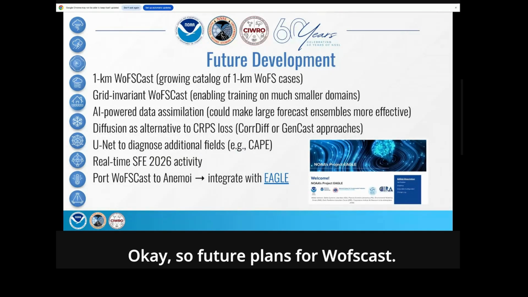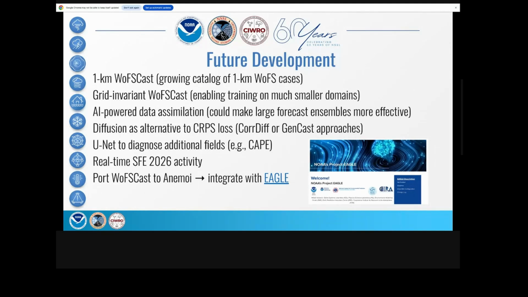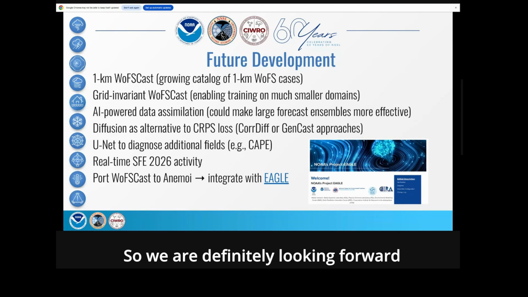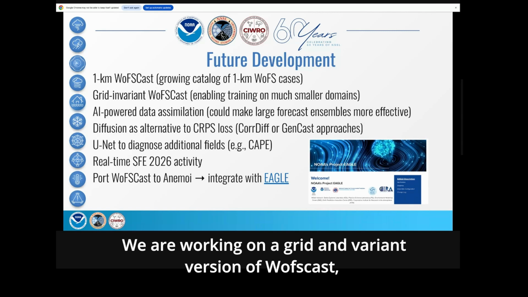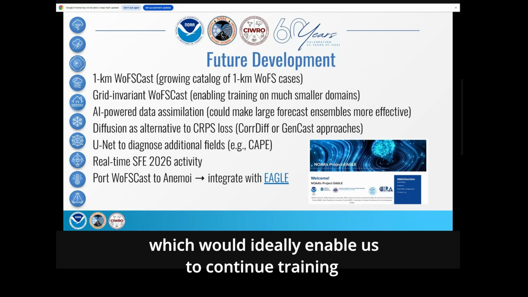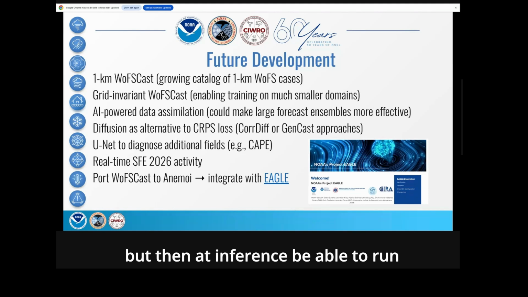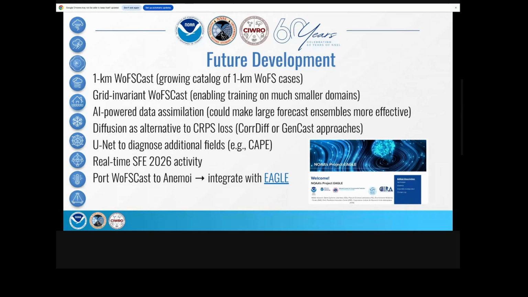Okay, so future plans for WoFSCast. We have a growing catalog of 1 kilometer WoFS cases, so we are definitely looking forward to training a 1 kilometer WoFSCast. We are working on a grid invariant version of WoFSCast, which would ideally enable us to continue training on relatively small domains, but then at inference be able to run on arbitrarily large domains.